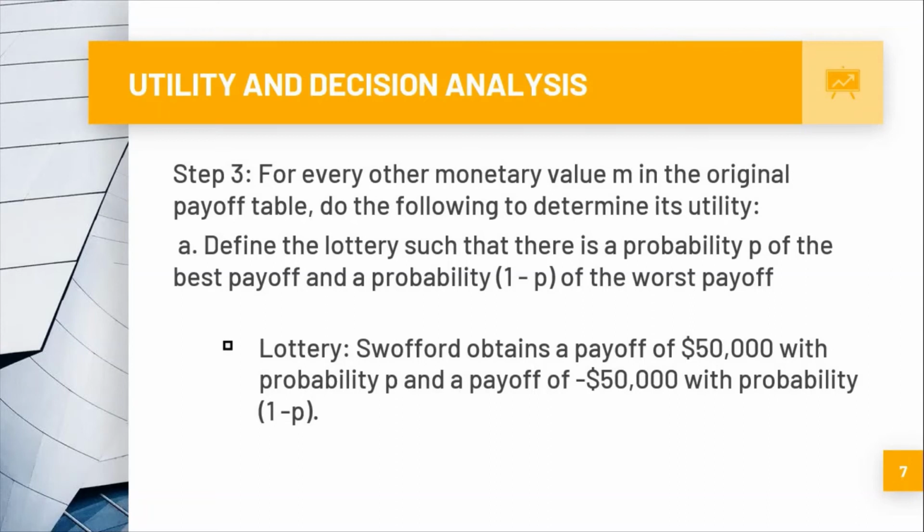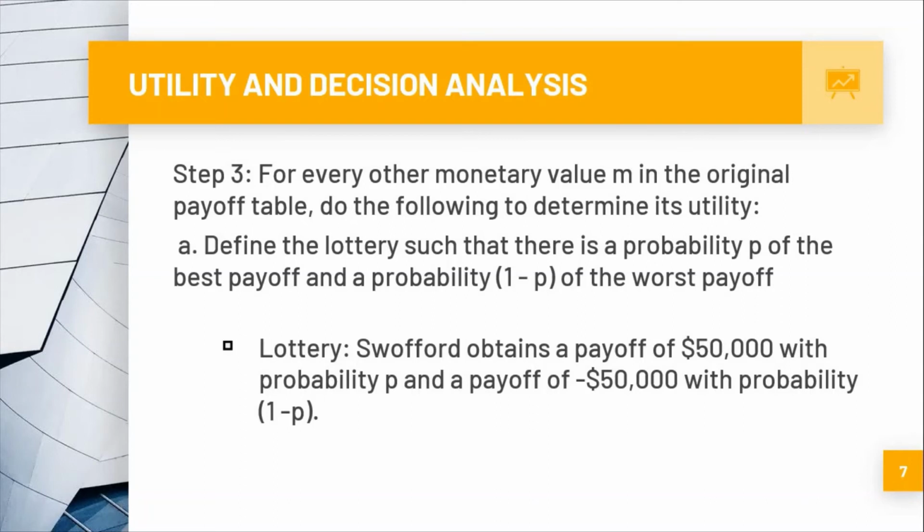Now for step 3, for every other monetary value M in the original payoff table, do the following to determine its utility. Letter A, define the lottery such that there is a probability P of the best payoff and a probability 1 minus P of the worst payoff.